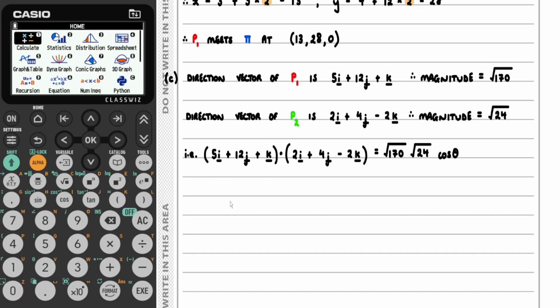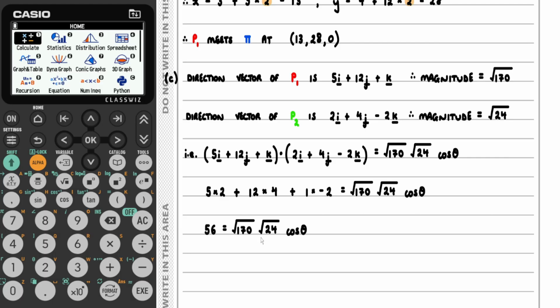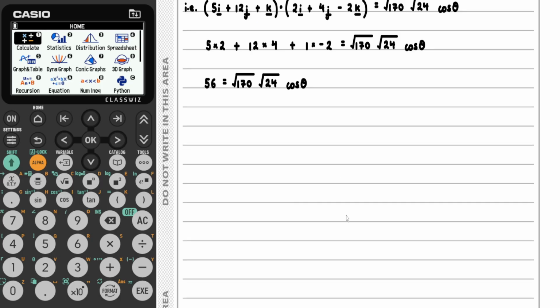For the dot product of these two vectors, we've got 5 times 2 plus 12 times 4 plus 1 times negative 2. On the left hand side I've got 56 and the right hand side remains unchanged. So cos theta will equal 56 over square root 170 times square root 24. And from this we can find out what theta is.